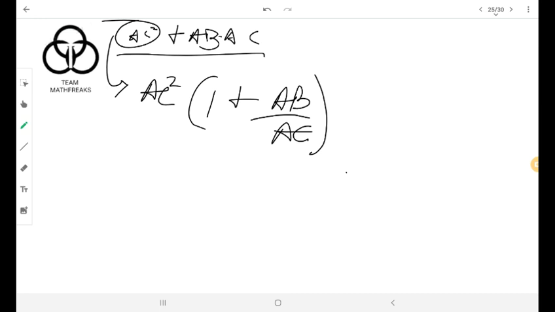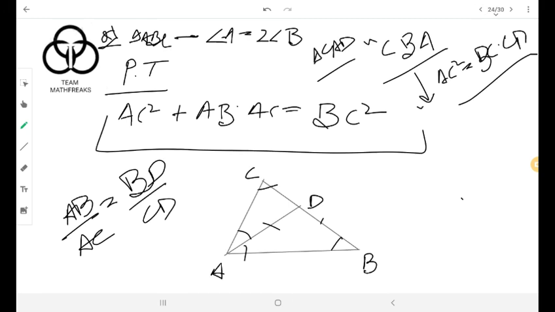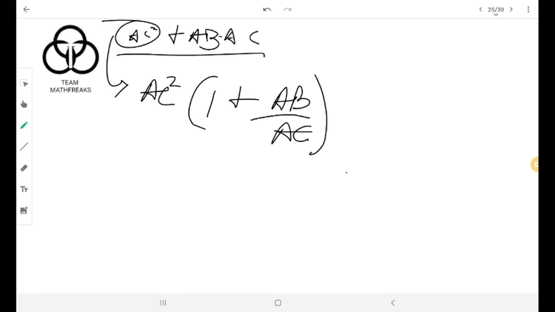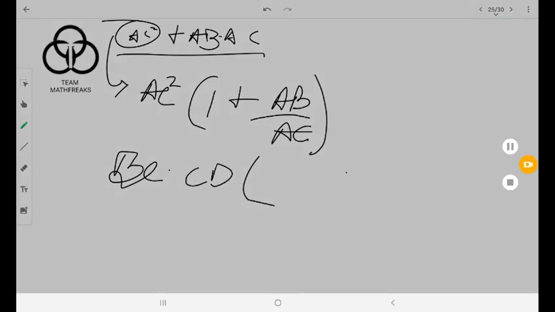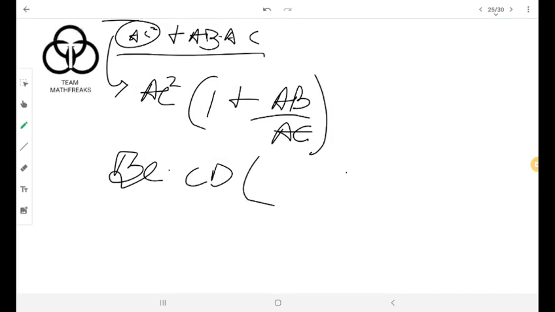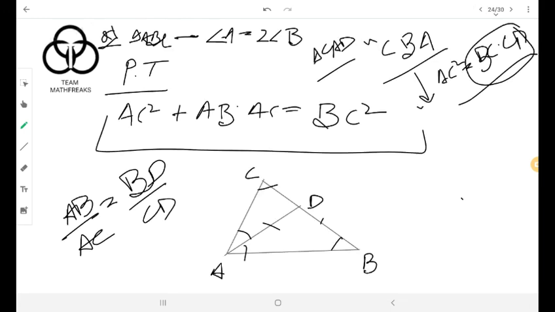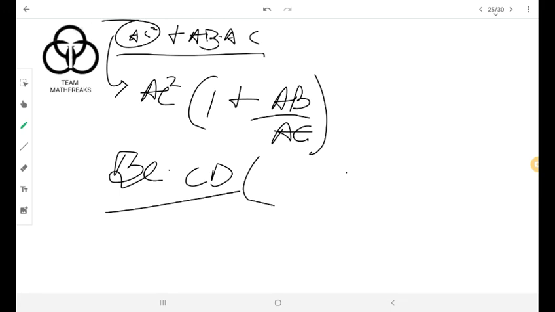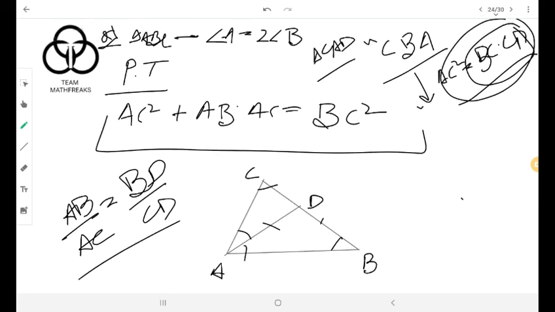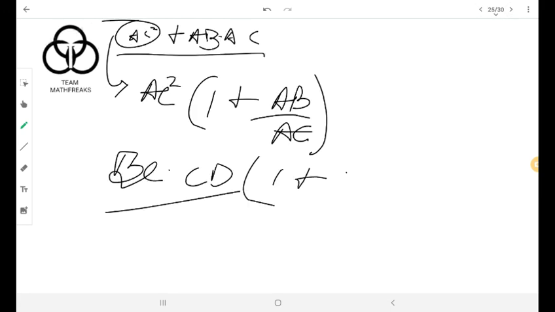Now AC square can be written as BC into CD from here. And AB by AC, from the angle bisector theorem, we are getting BD by CD. So 1 plus BD by CD.